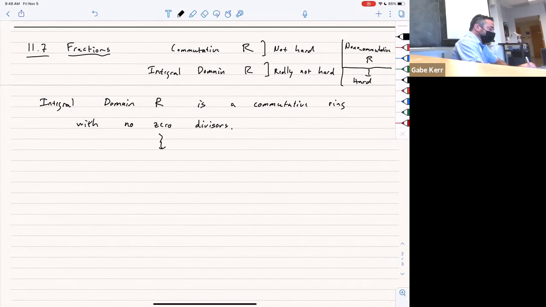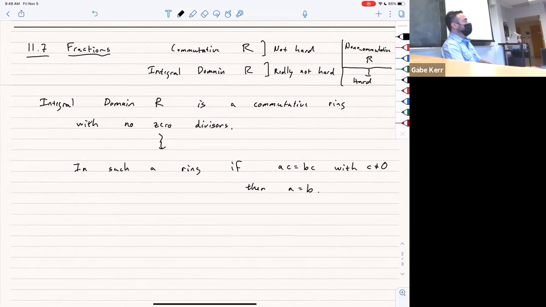So in such a ring, this is an equivalent way of defining these rings: if AC is equal to BC, with C not equal to 0, then A equals B. We cancel C. That does not mean you can divide.